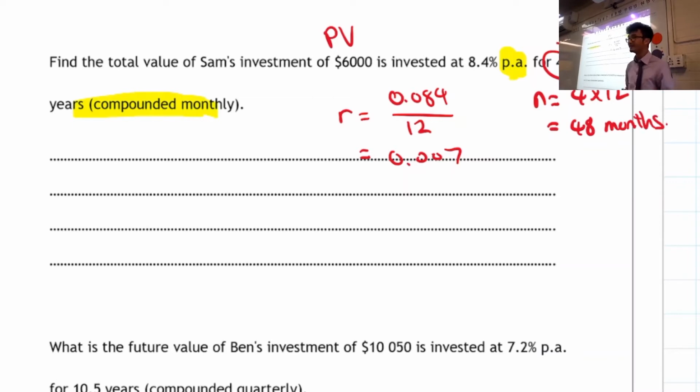And so the idea is you want everything in the same kind of units, right? Because this is what we call the monthly rate, and this is how many months there are. The thing you want to look out for is the fact that it says compounded monthly. If it says compounded monthly, you have to make sure you make a change to the calculation. After you've done all that, you're good to go from there, right?